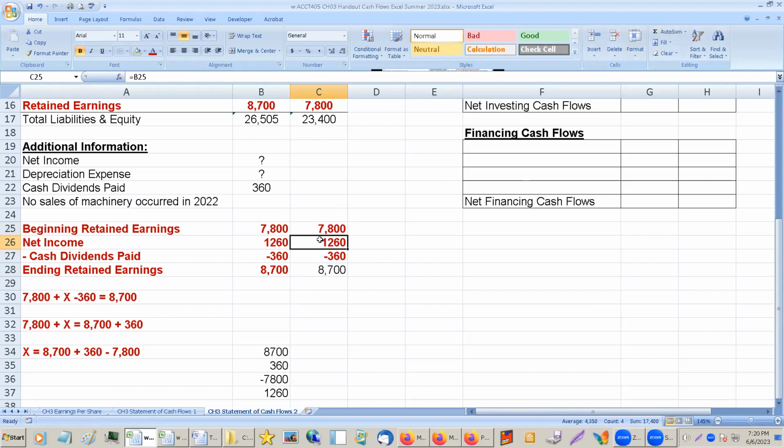Yep, it does. Okay. So this is our net income. Our net income is 1260.